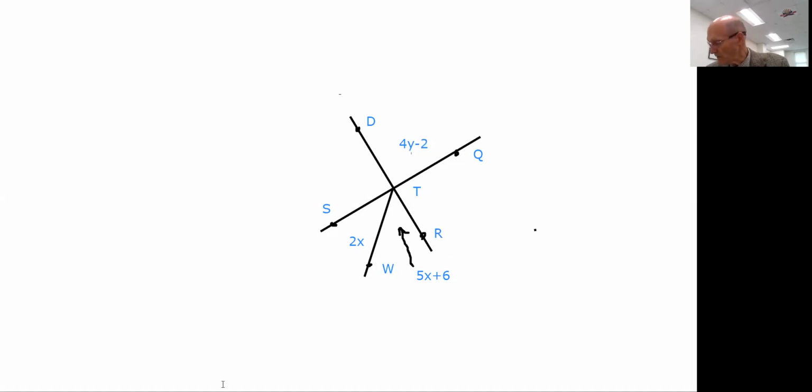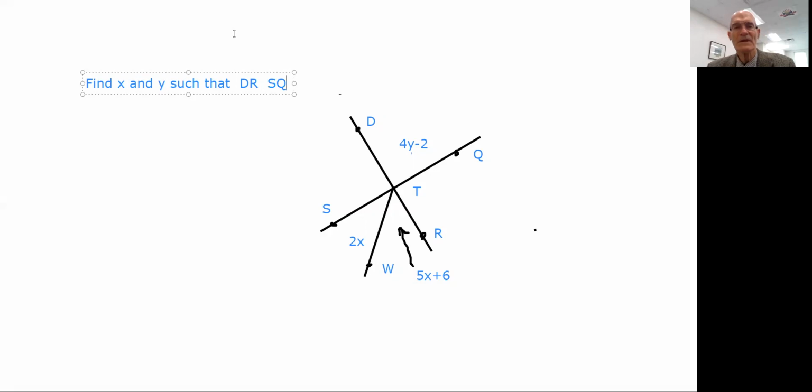Okay, now then. What it wants us to do is find x and y. So we'll write that out here. Find x and y such that DR is perpendicular to SQ.